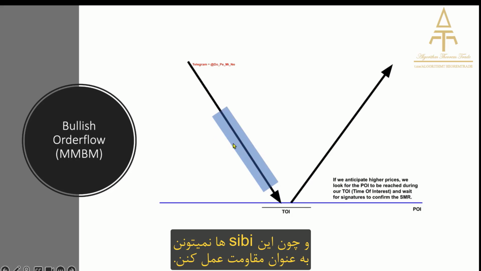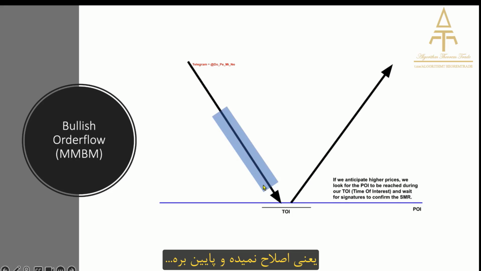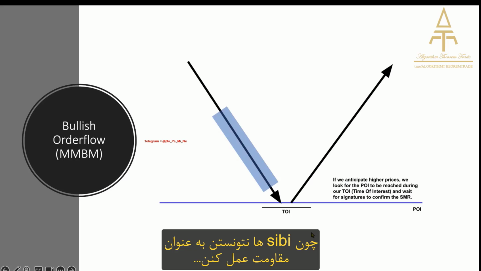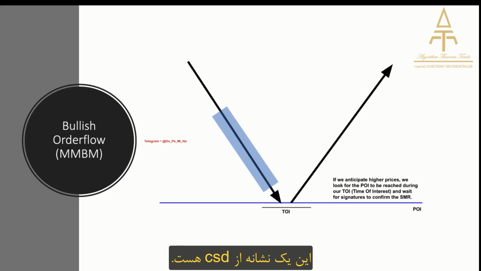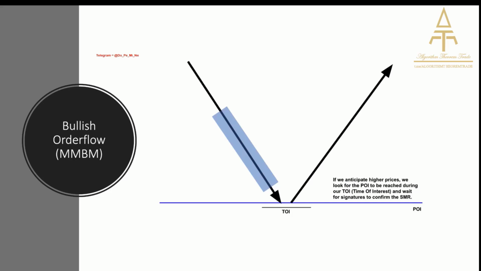And because these CBs are failing to act as resistance on price, meaning the market doesn't retrace into that CB and then continue lower, it's a sign to us that a change in the state of delivery is occurring or has occurred.